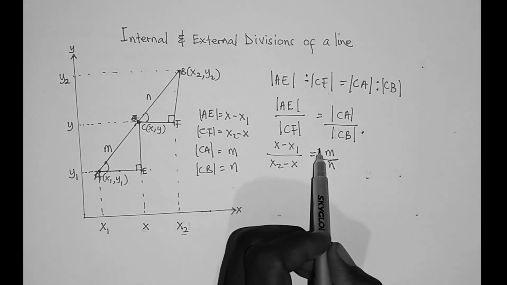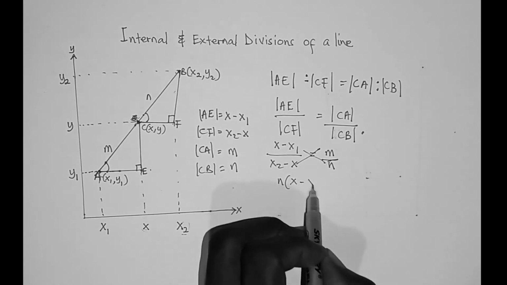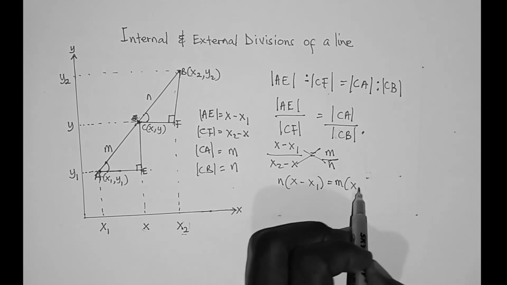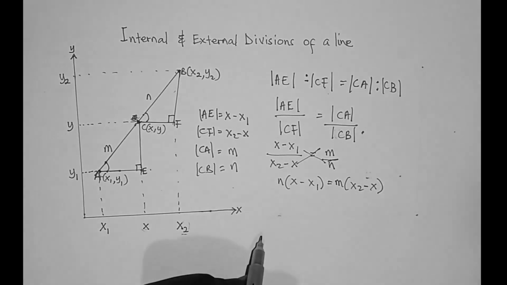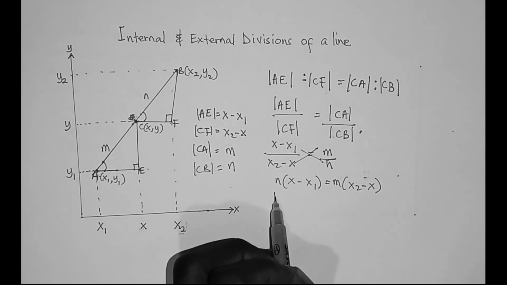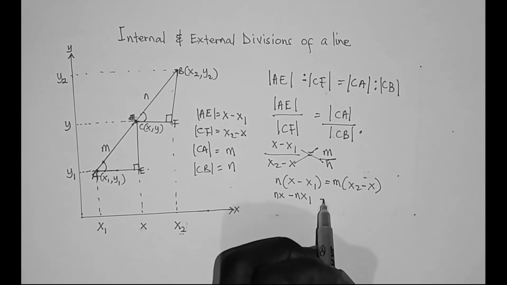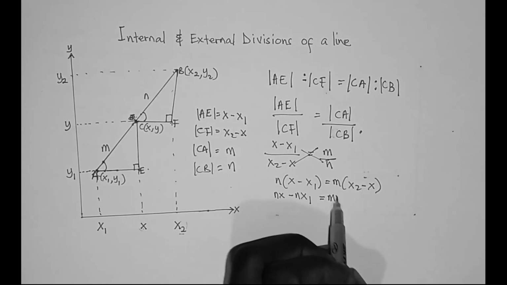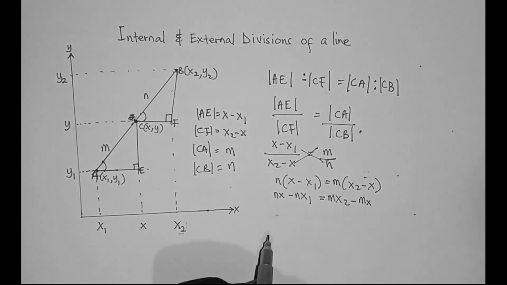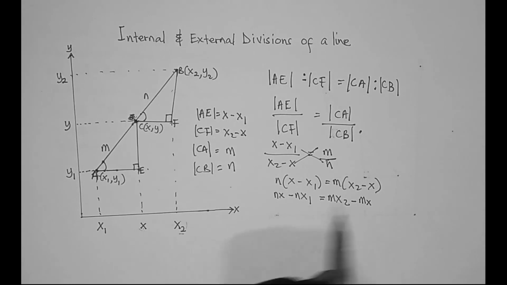So let's cross multiply. So it becomes n times x minus x1 equals m times x2 minus x. So let's expand the bracket. n times x is nx, minus n times x1 is nx1, equals m times x2 is mx2, minus m times x is mx. So there is x here and there is x here. So let's group like terms.